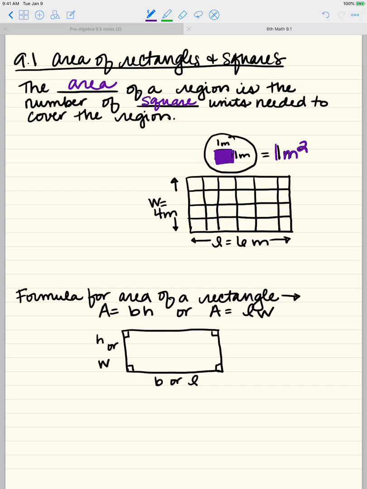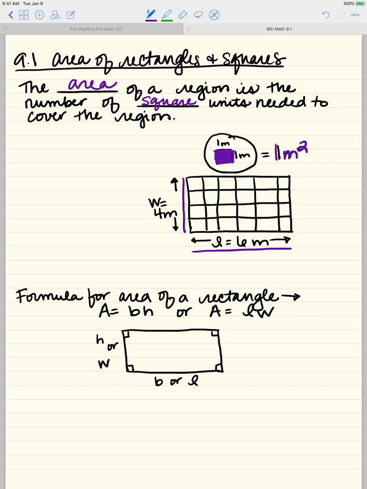Okay? Now, my picture doesn't look like the squares are all equal. We're just going to pretend like they are. Okay? So here, we've got a bunch of these 1 meter squares, okay? There are 4 squares along the width, okay? And there are 6 squares along the length.